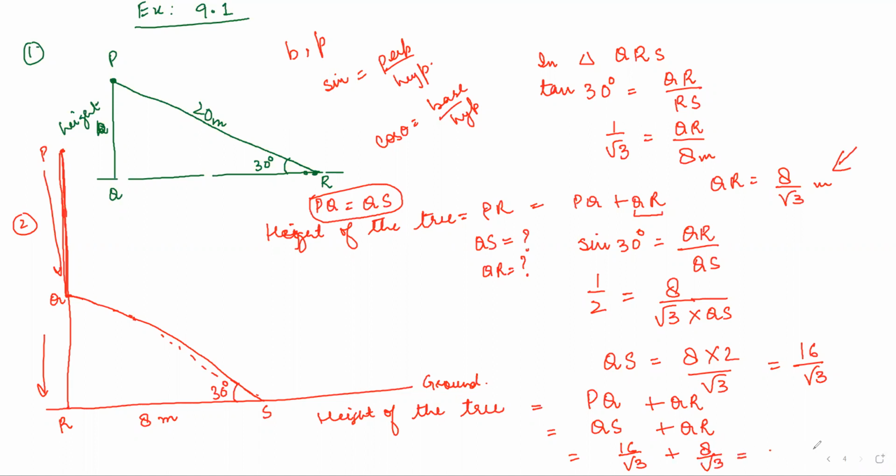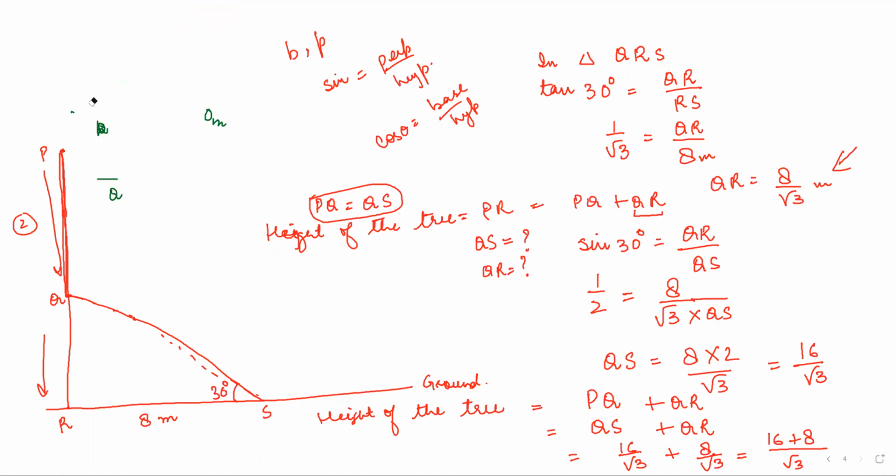Take the LCM, that is under root 3, and you get 16 plus 8. Please solve it. How much is 16 plus 8? 24 by root 3. So I'm getting 24 by under root 3.